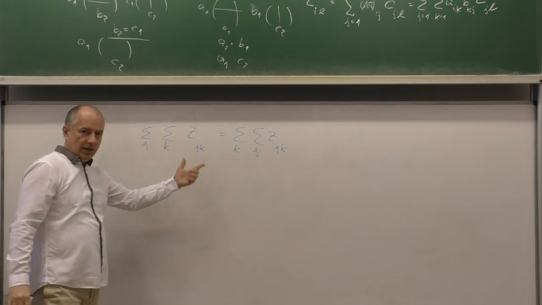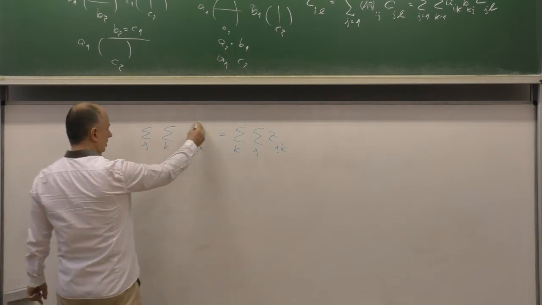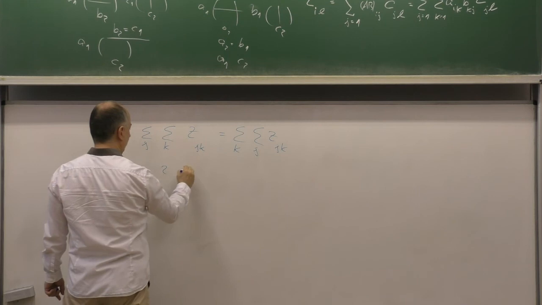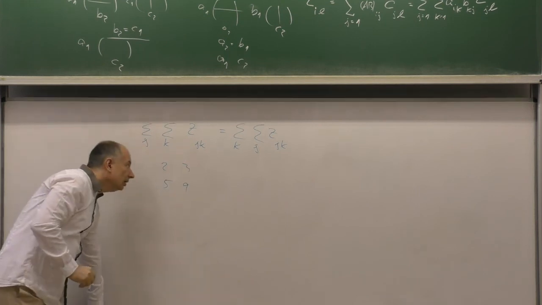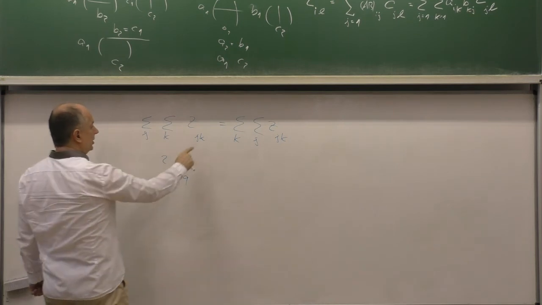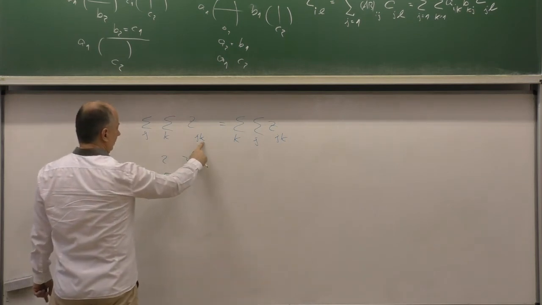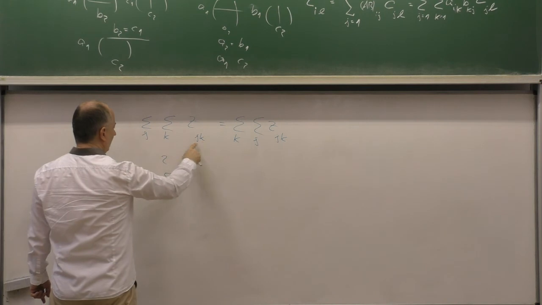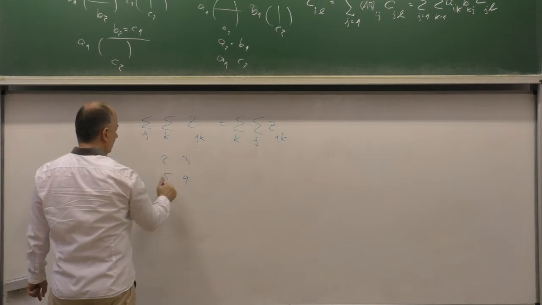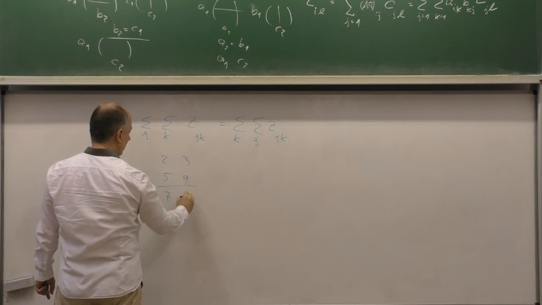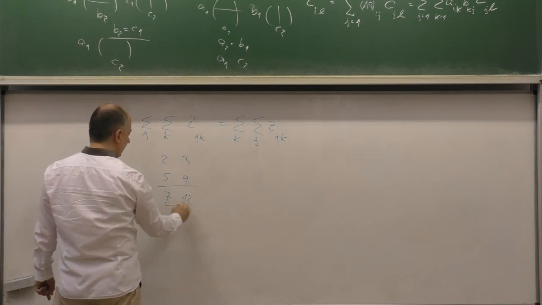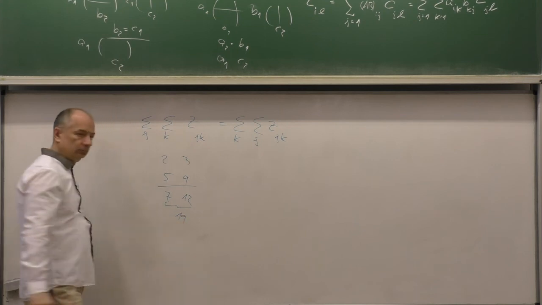But this is the same, because if you consider some matrix, say 2, 3, 5, 9, then if you first sum over columns, then 2 plus 5 is 7, 3 plus 9 is 12, and if you sum this, you get 19.